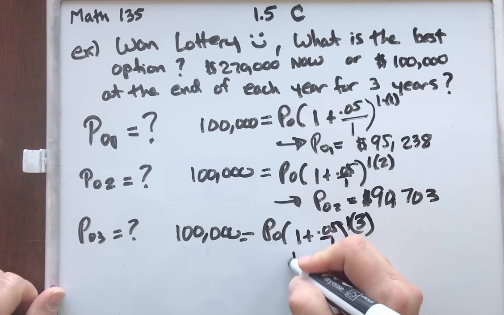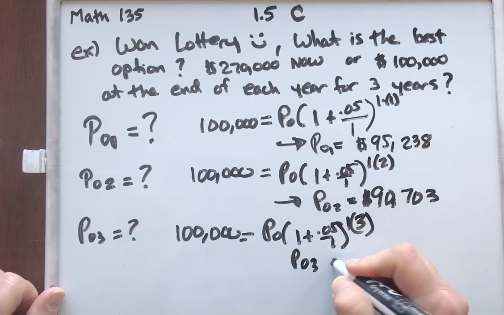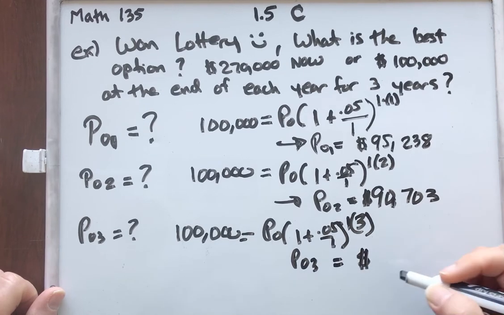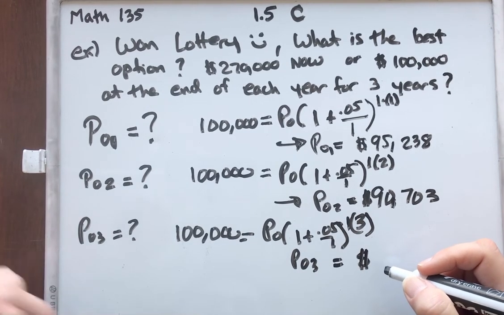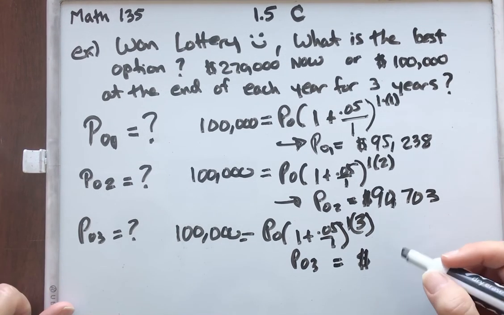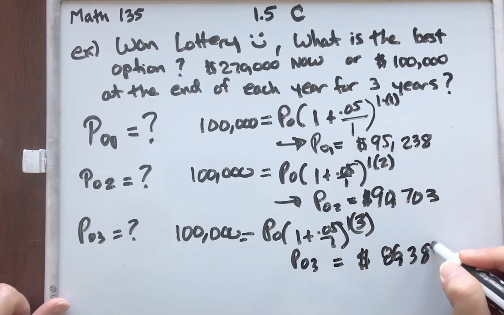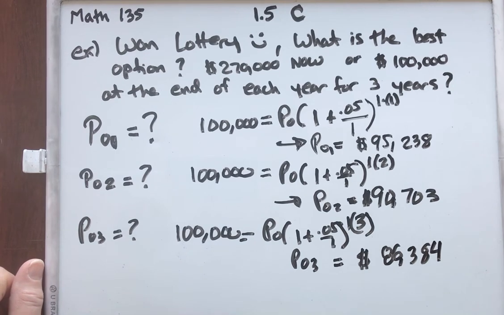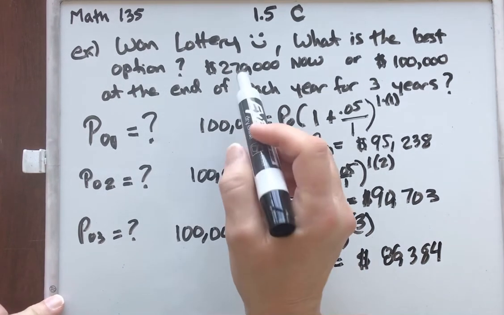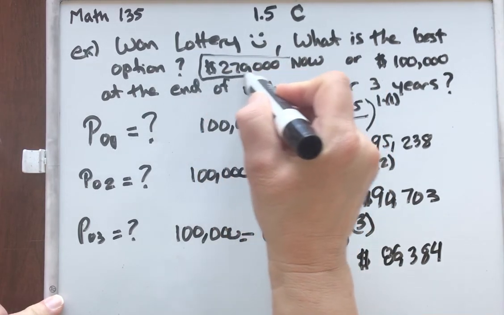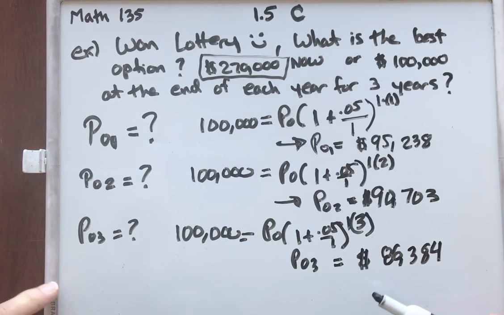So, P0 on the third year, what we would have to invest so that 3 years later we would have $100,000, it would be $86,384. Okay. All right. So we either take this amount now or we wait and we get $100,000 each year.